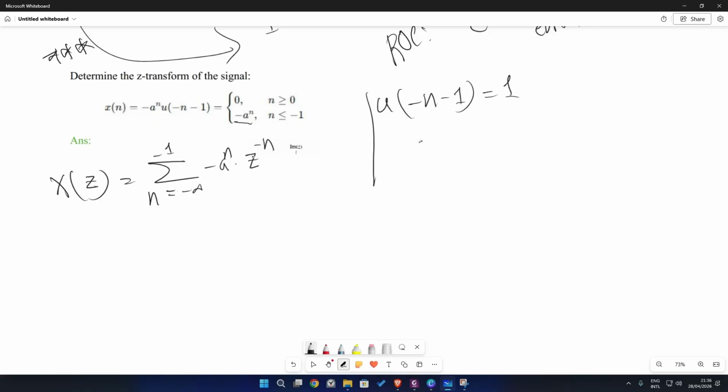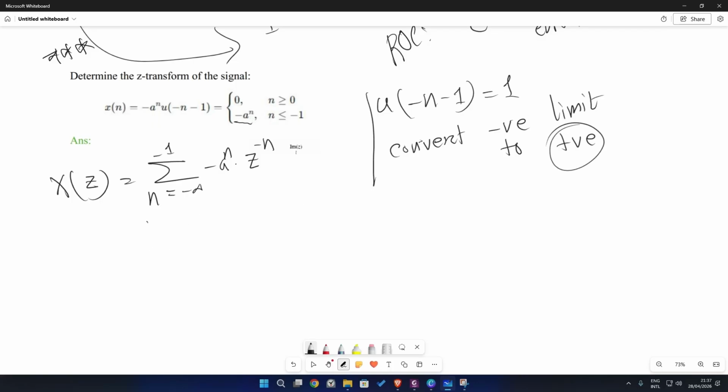Now we are seeing a negative limit, but we need to convert it to positive. How to do so?